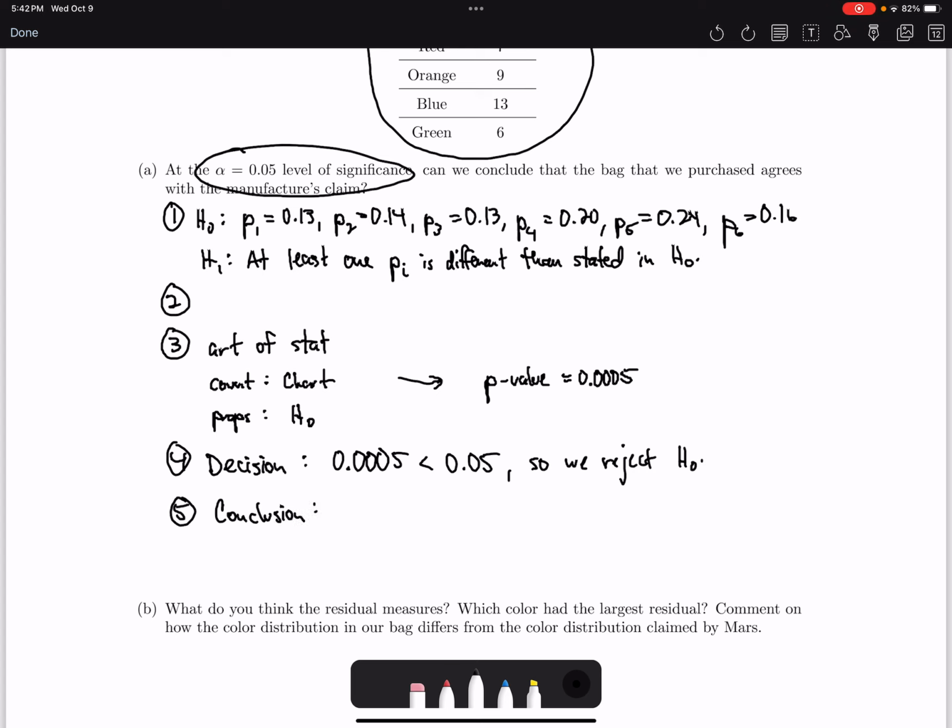We're rejecting the null hypothesis in favor of the alternative. So the evidence suggests that at least one of the proportions is different than stated.